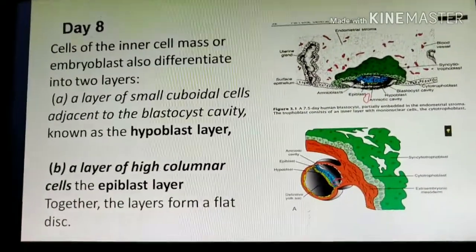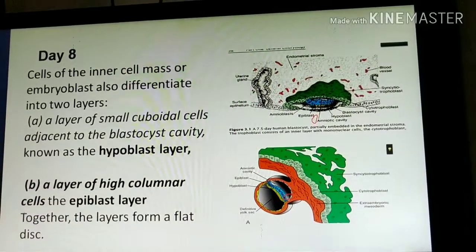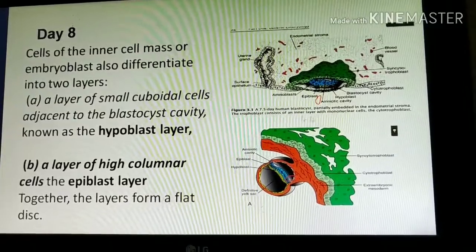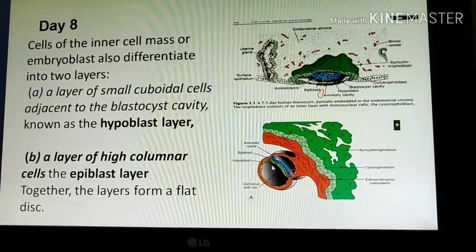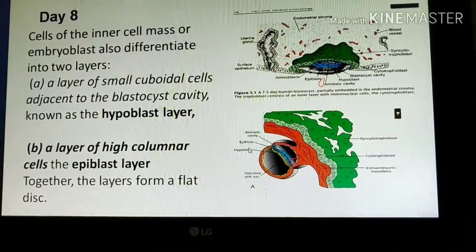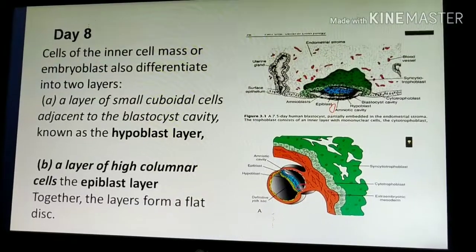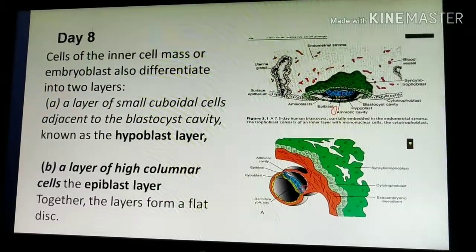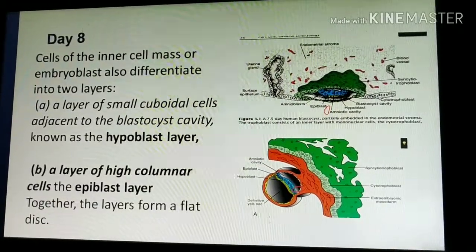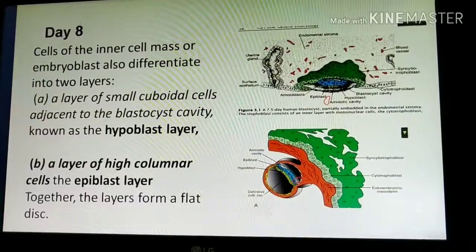This is the hypoblast and this is the epiblast, two layers. So the trophoblast has two layers and the embryoblast also has two layers. The trophoblast divides into cytotrophoblast and syncytiotrophoblast, and the embryoblast divides into hypoblast and epiblast.